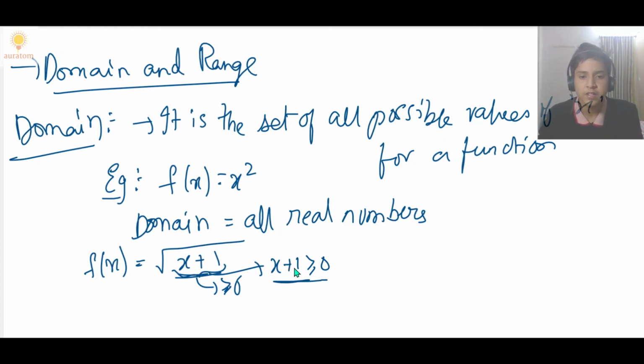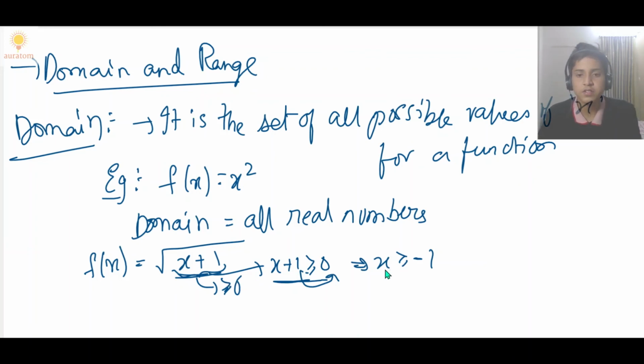That means we can see, if we send this to here, that x should be greater than or equal to minus 1. So clearly we can see that it is not for all values of x that the function is defined. For only the numbers greater than or equal to minus 1, the function is defined, the function exists.